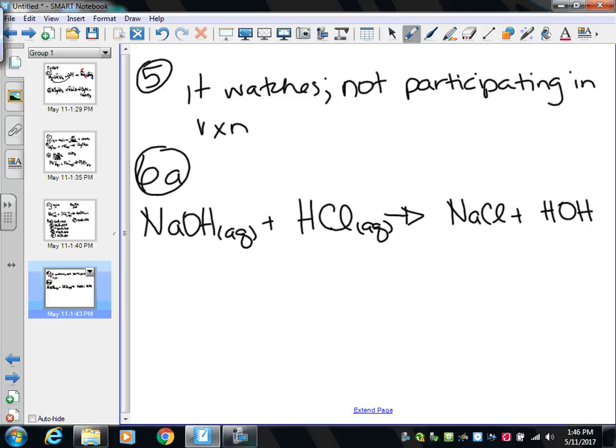Is the H soluble? Oh, tricky one. Alrighty. So they're both aqueous, and chlorine is too. So we can't go any further. We have aqueous, so we would have to stop because there's no precipitate for us to show.